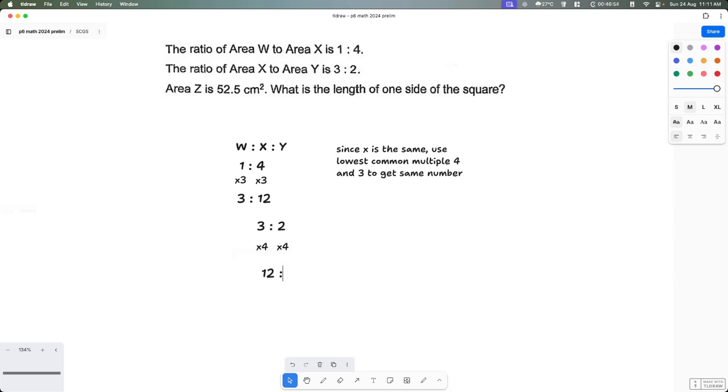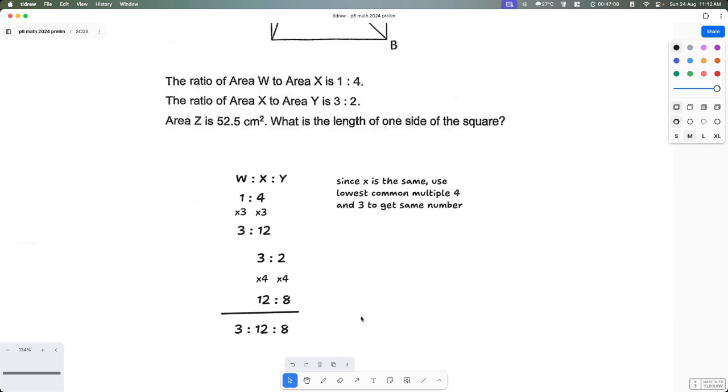So the final ratio will be 3 is to 12 is to 8, for W, X, Y.